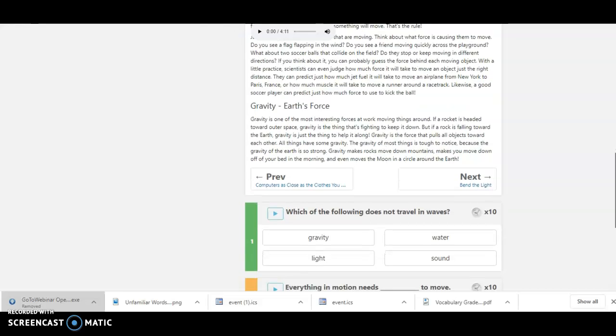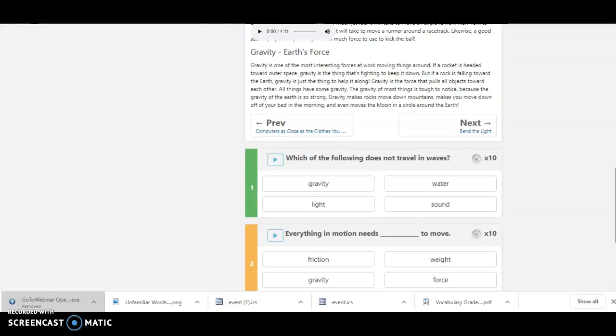And just like in class, you can earn coins for answering questions. Now we'll be watching who's earning coins because we'll give shout outs and recognition to students who are earning coins in Science Weekly, Social Studies Weekly, and IXL. So you answer your questions and you do your circle maps.